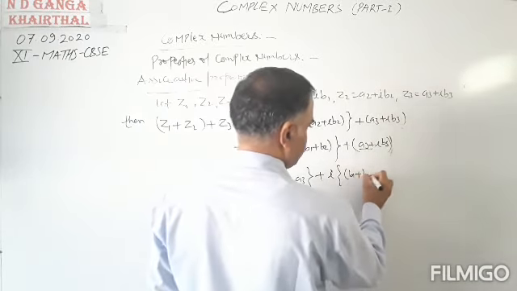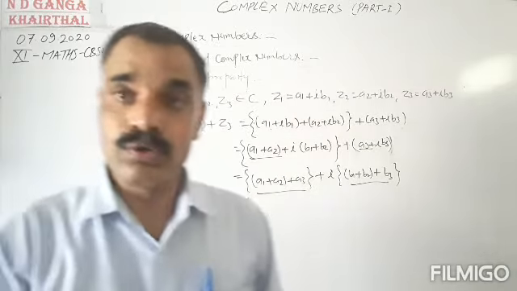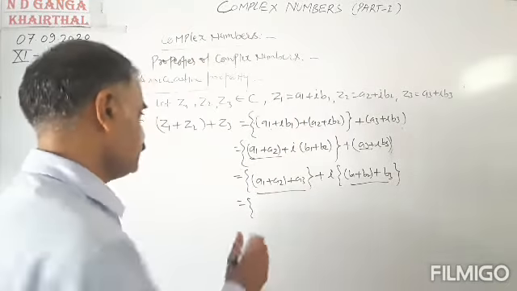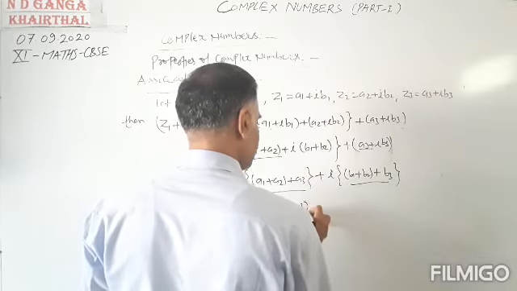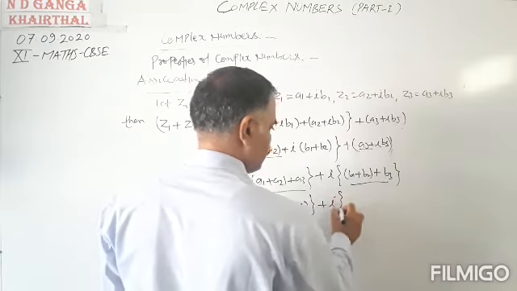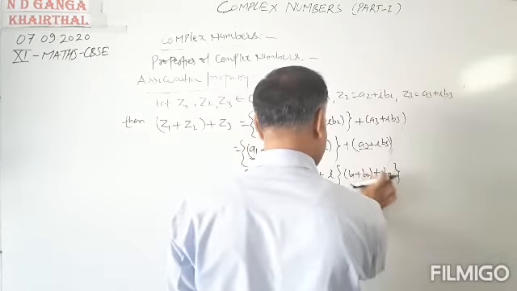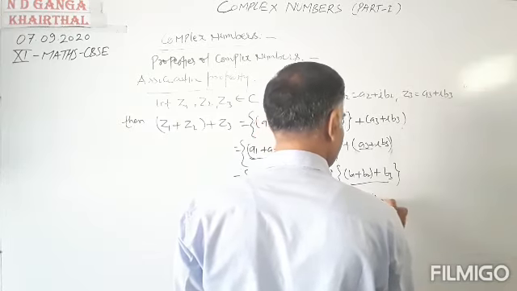Now these are real numbers and real numbers already follow the associative property. That is why this can be written as A1 plus A2 plus A3 plus iota B1 plus B2 plus B3.